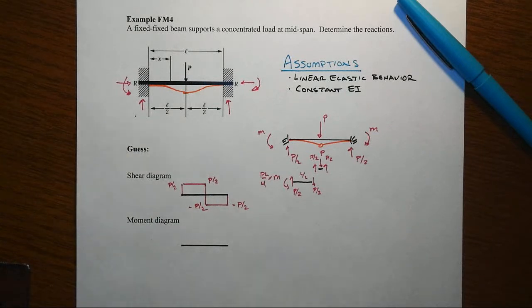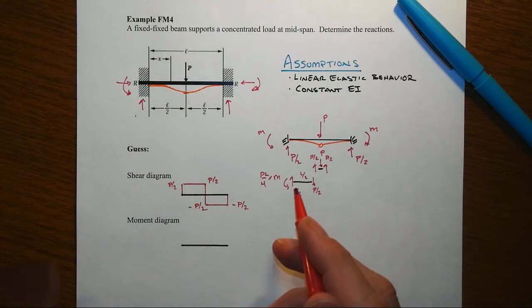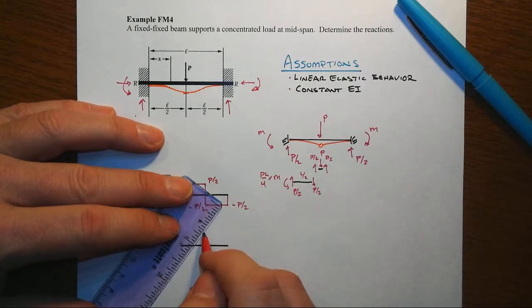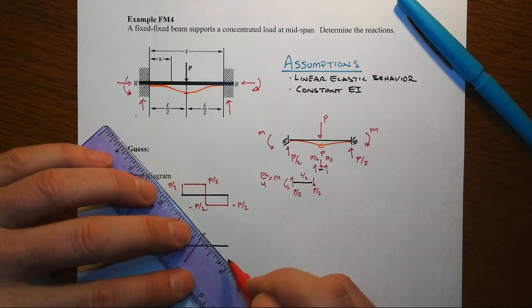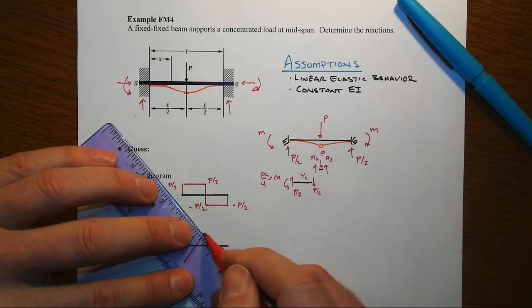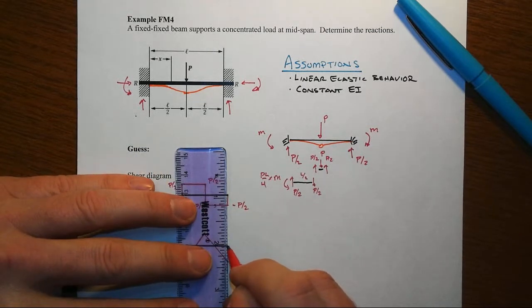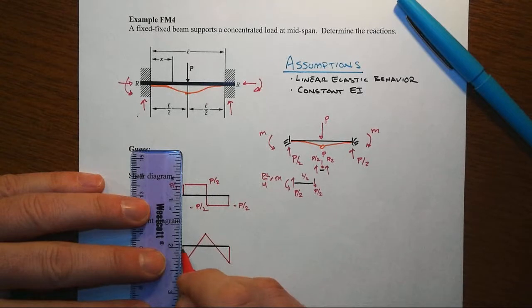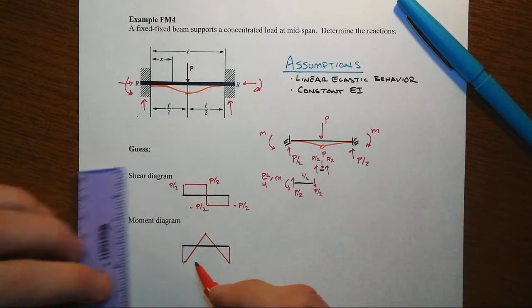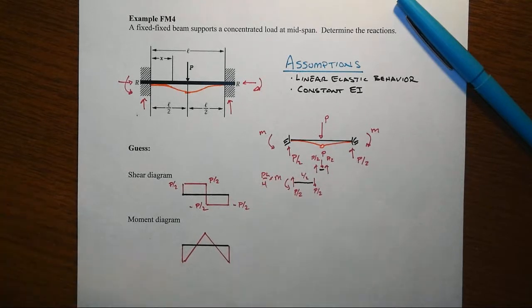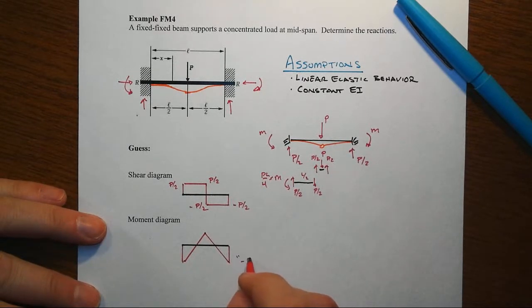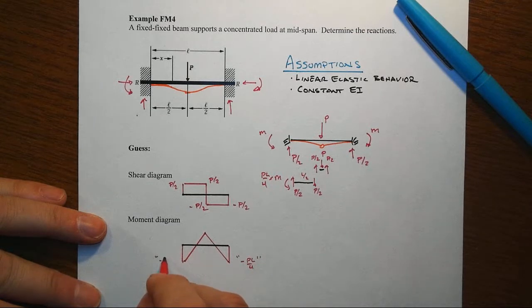If that's the case, then given our shear diagram we should end up with a moment diagram that would look straight line or triangular in orientation, with negative moments at the ends and positive in the middle. It's not necessarily clear what we're going to end up with for the maximum values or the end values, but we've got to guess that maybe the ends might be negative PL over 4, probably less, right?